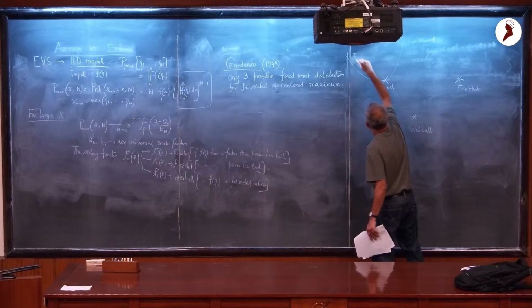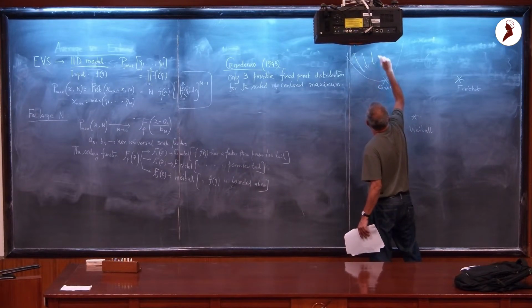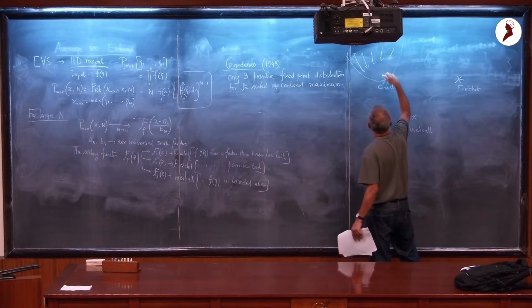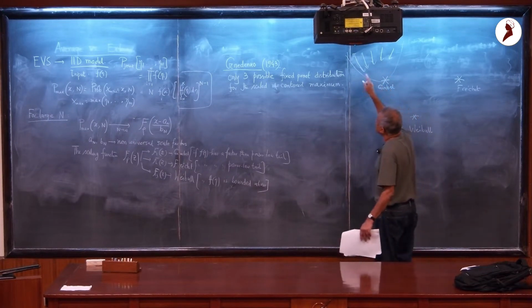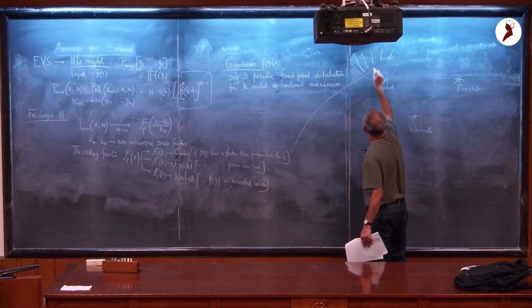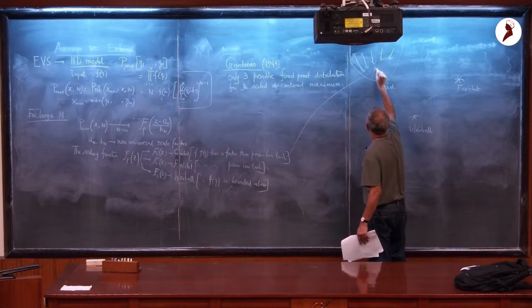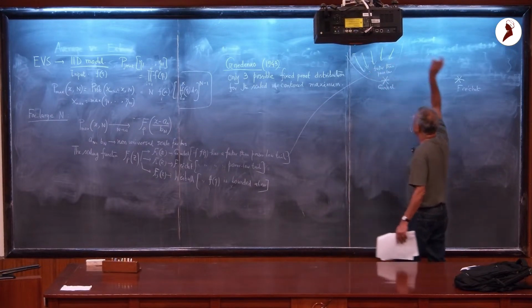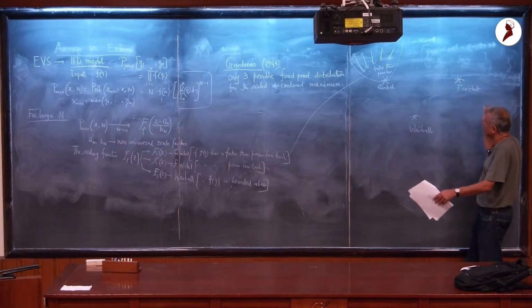So all possible functions that flow under large n, the distribution of the maximum, flow into the Gumbel fixed point, and the condition for that is precisely this condition: f(eta) should fall off faster than a power law. So the whole function space gets divided into three domains of attraction.